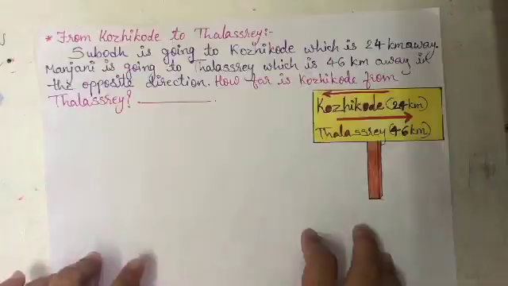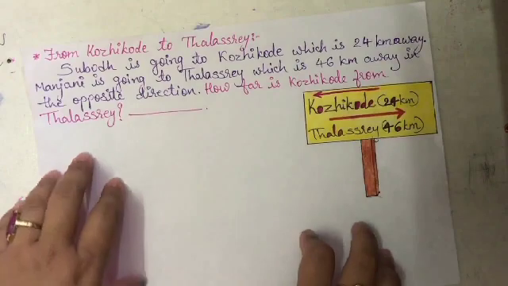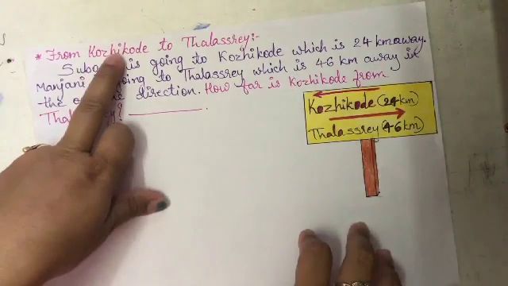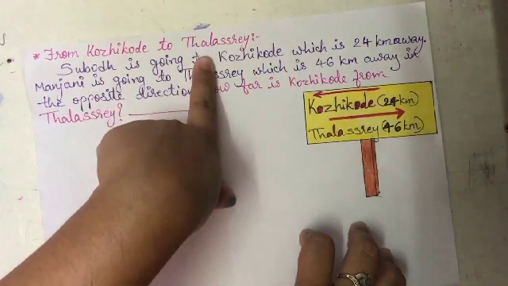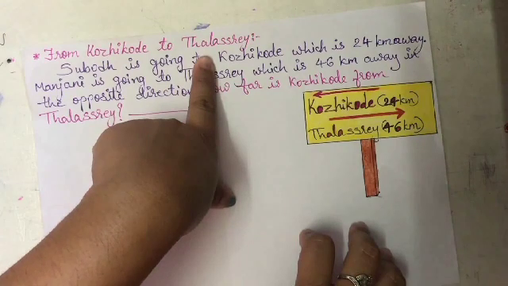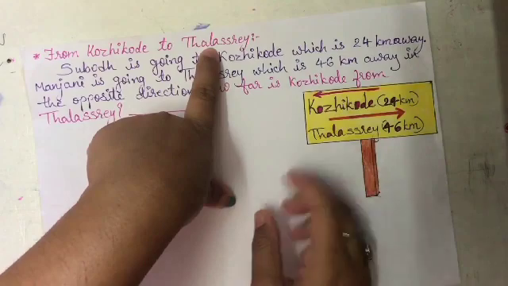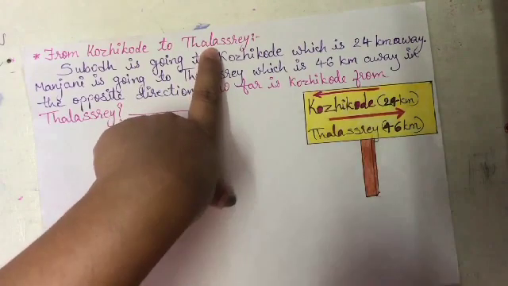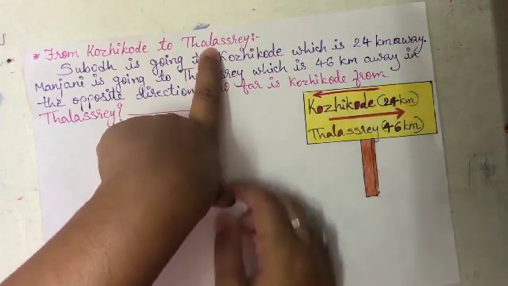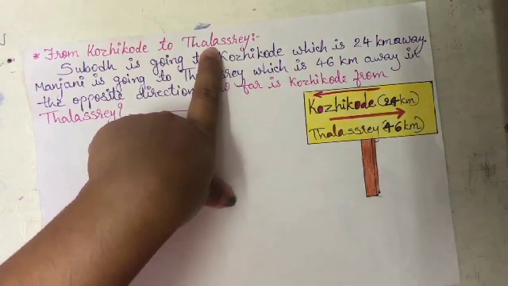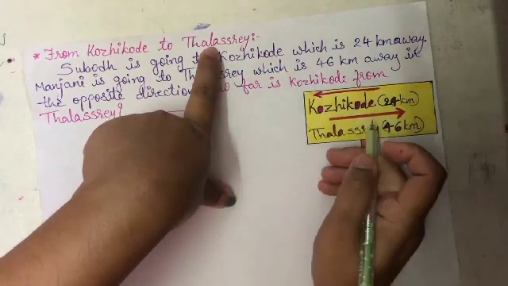Fine. Now you can see that the question is given over here, from Kozhikode to Thalassery. Right now this city is pronounced in a different way. It's called Tallicherry, it's Thalassery.